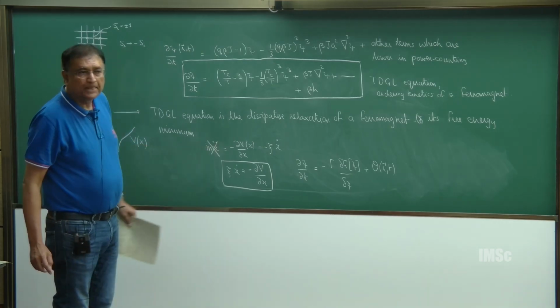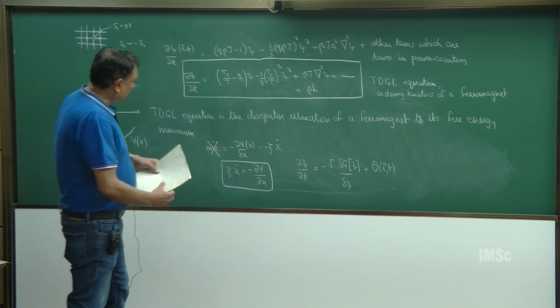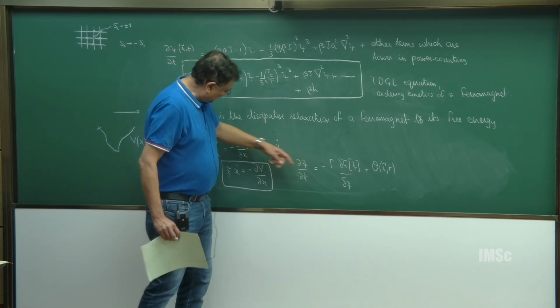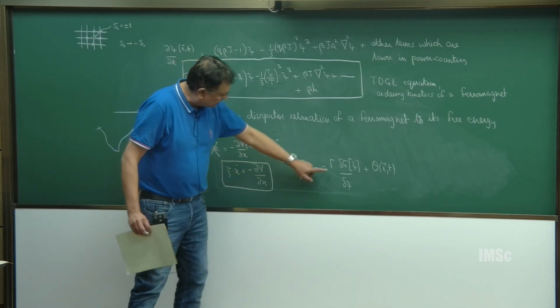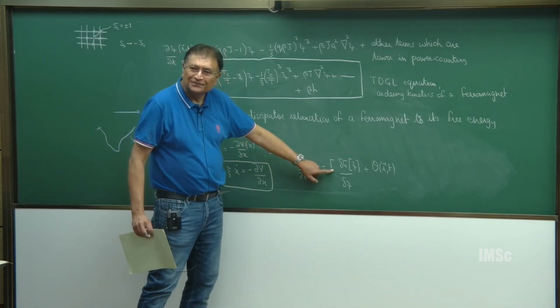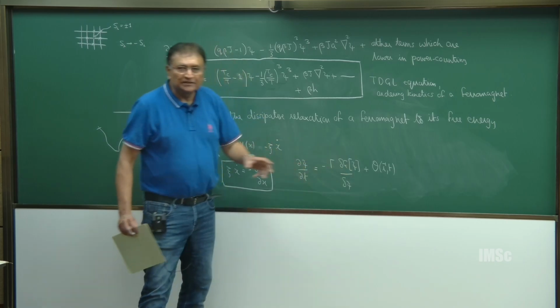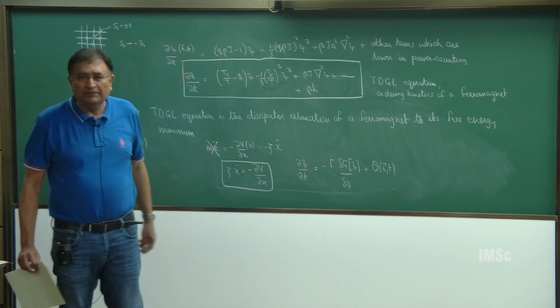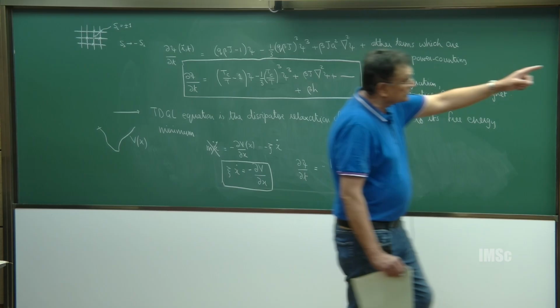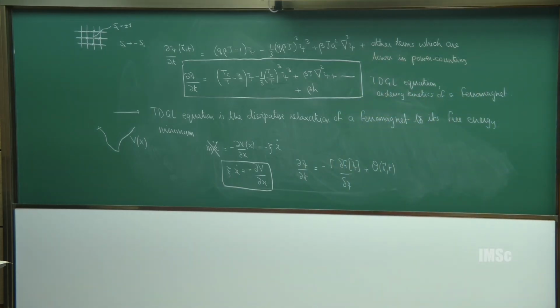Okay. So basically, you've dropped the inertial term. Gamma is just 1 over the friction constant, and that's the dissipative relaxation to the free energy minimum. Okay, and the free energy is just that Ginzburg Landau free energy out there.